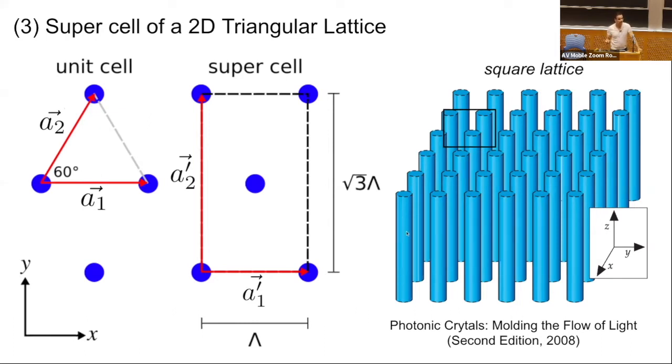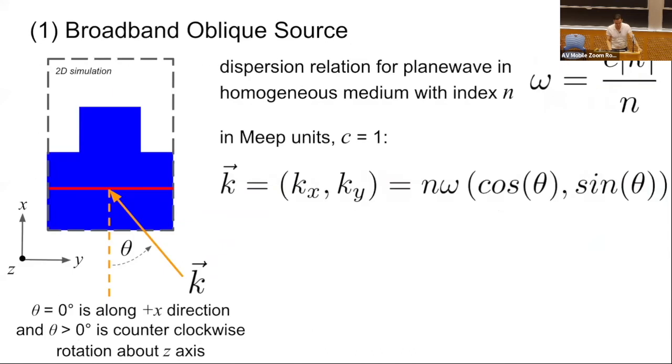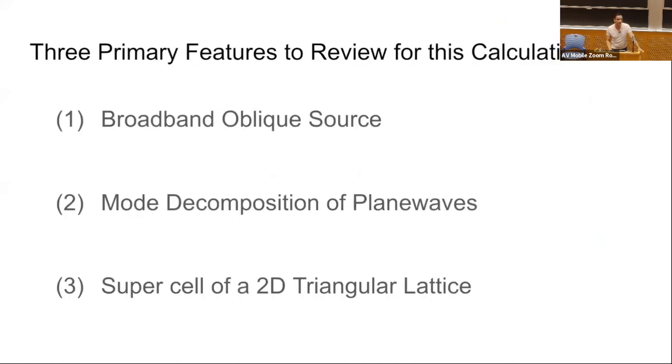How do I do that using Meep, which only supports a rectangular lattice? Okay, so there's some additional things we'll have to think about in that case, involving supercells and how to interpret the modes of a supercell using a rectangular lattice when we're trying to model a triangular lattice. But for the beginning, I just want to focus on the 1D design, and then at the very end, we'll switch to a 2D triangular design.